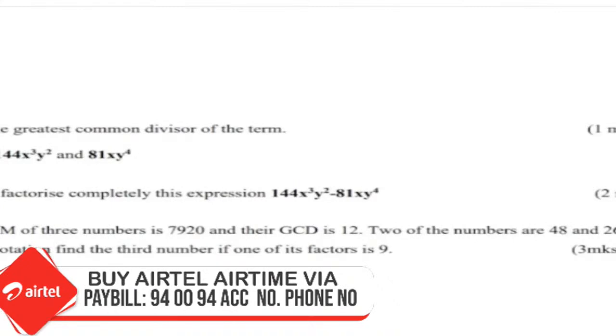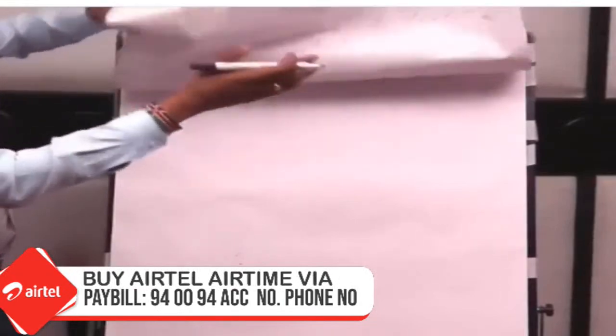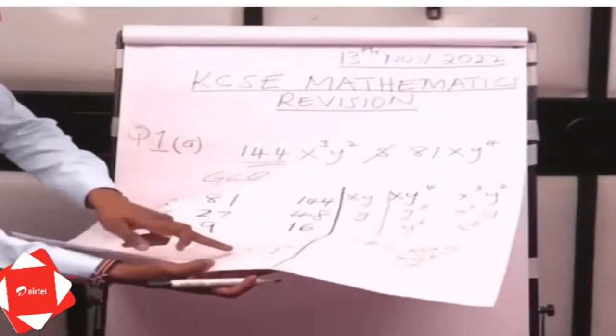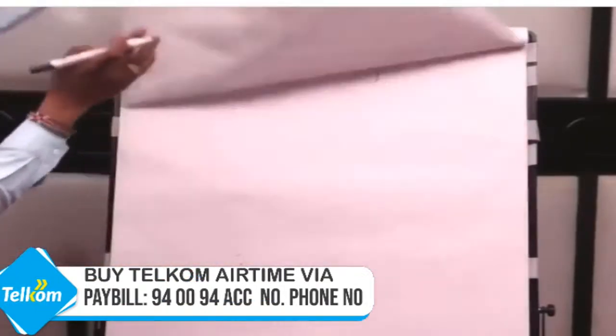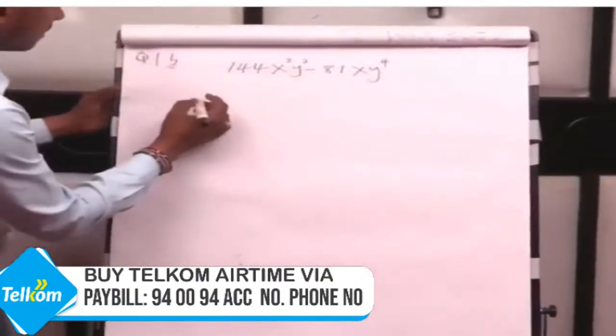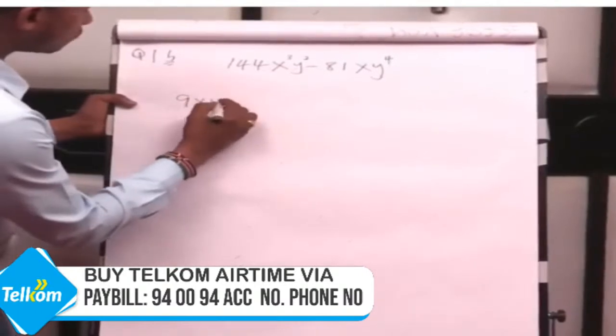But from A, we found that the GCD, the greatest common factor, is 9xy squared. So just come here and write 9xy squared.